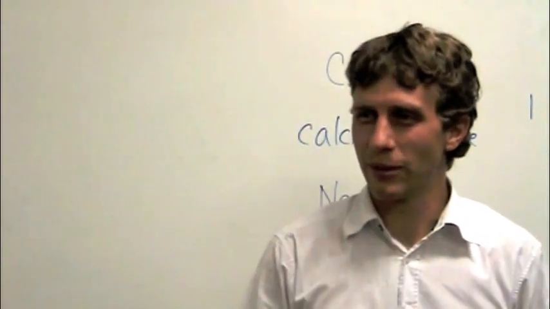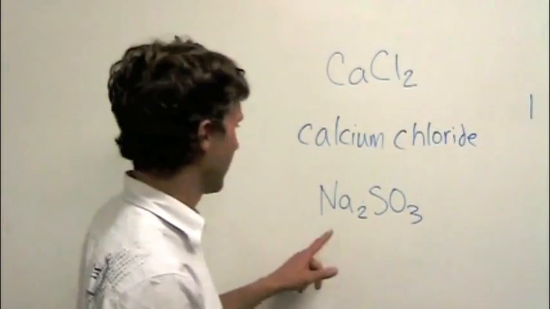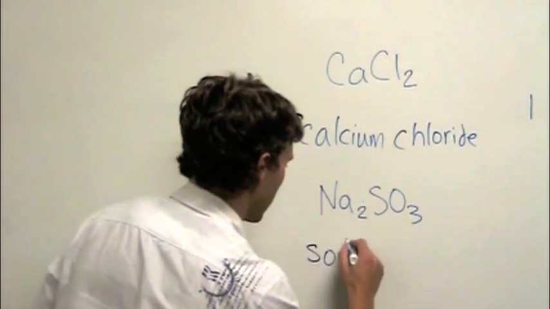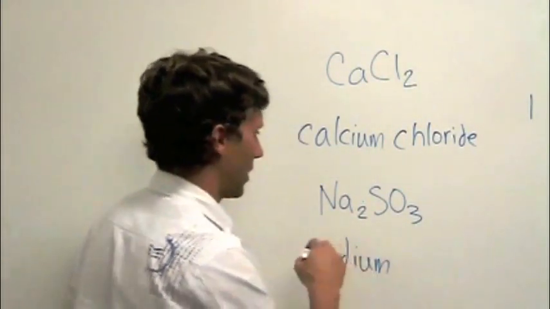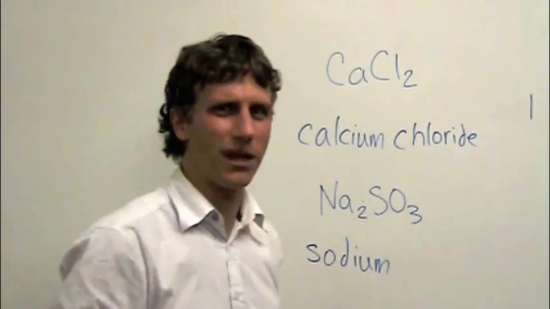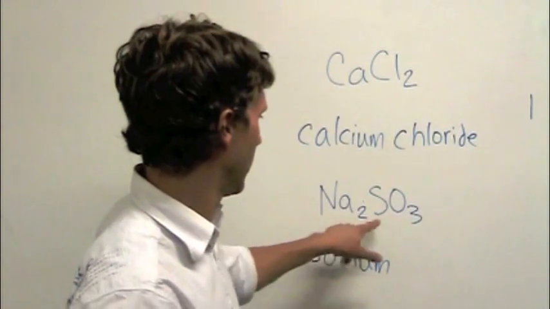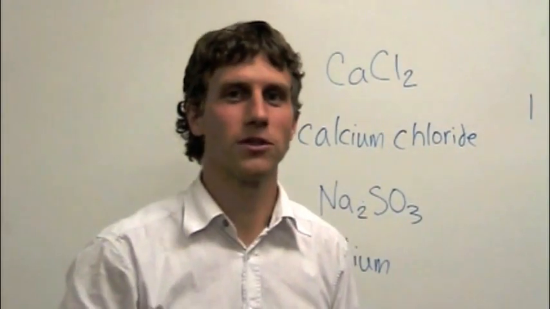Close. Let's take a look. Na is sodium. And SO3. Now we have a formula here with 3 capital letters.